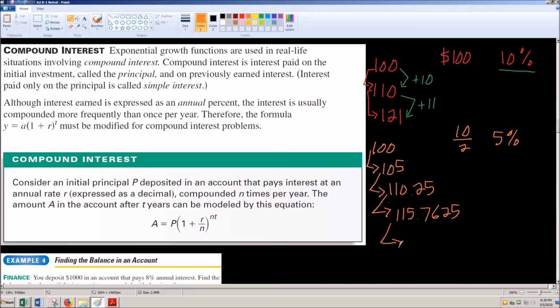And then our last time here brings us to 121.55, which may not seem like a ton for us right now, but I promise you that as this stuff builds over years, and when we're talking about a lifespan of investing, maybe you start working at 25 and then you retire at 65, that's 40 years, right? So we're talking about a great amount of time, which these little differences really, really start to add up.